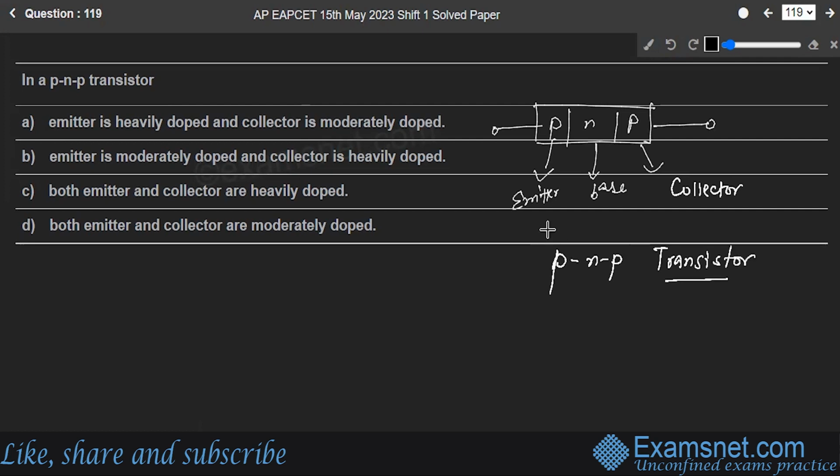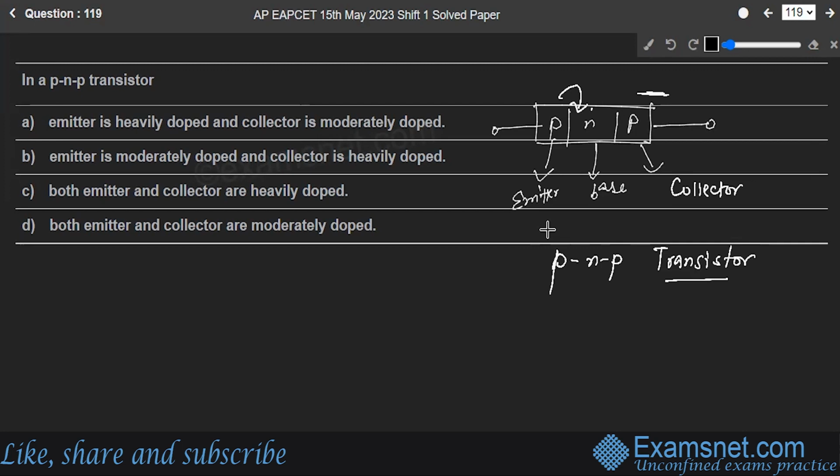See, in a transistor, emitter is heavily doped because it has to inject a very large number of charge carriers into the base. The base is lightly doped and very thin. It passes most of the emitter injected charges. A collector is wider than the other two regions and moderately doped.